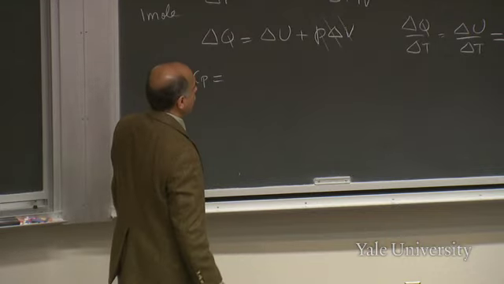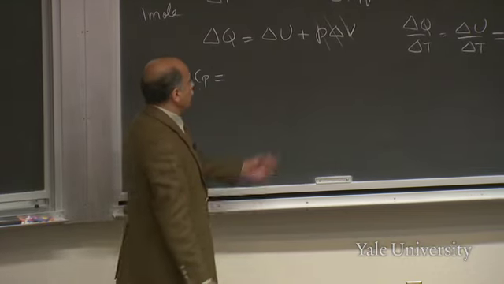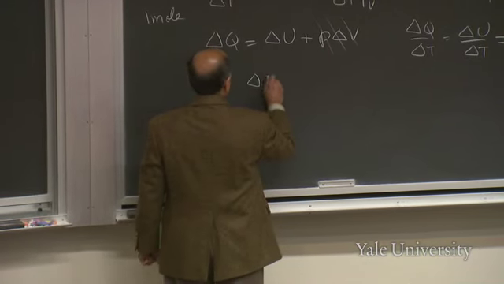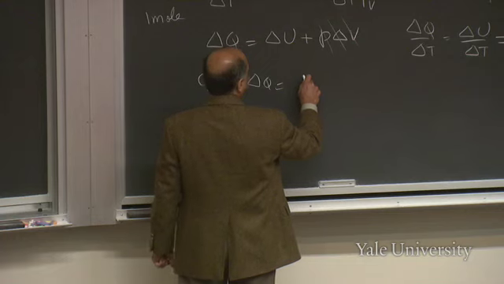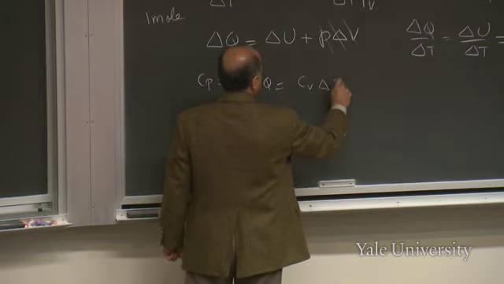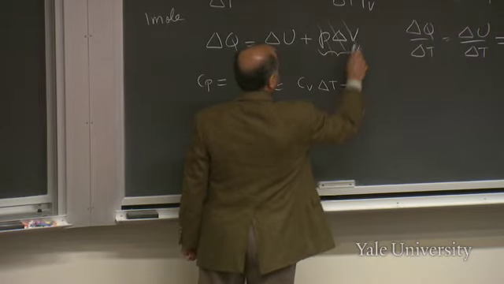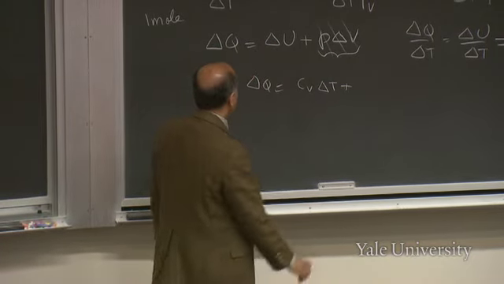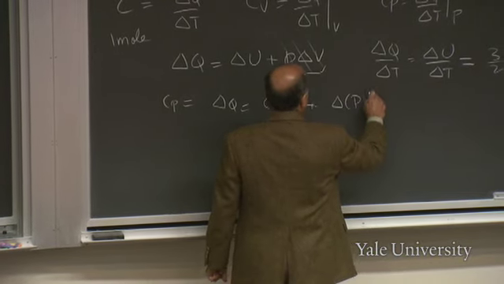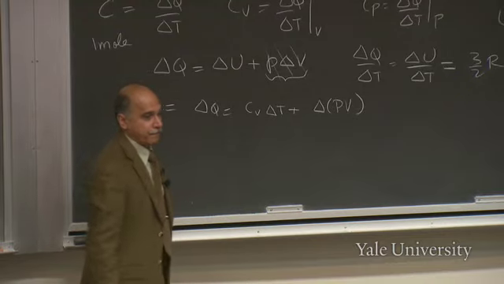Cp is delta Q over delta T at constant pressure. So now you cannot ignore this term. So delta Q, from what I did before, will be Cv times delta T, plus there is a new term. P delta V is delta of PV, because P is constant.